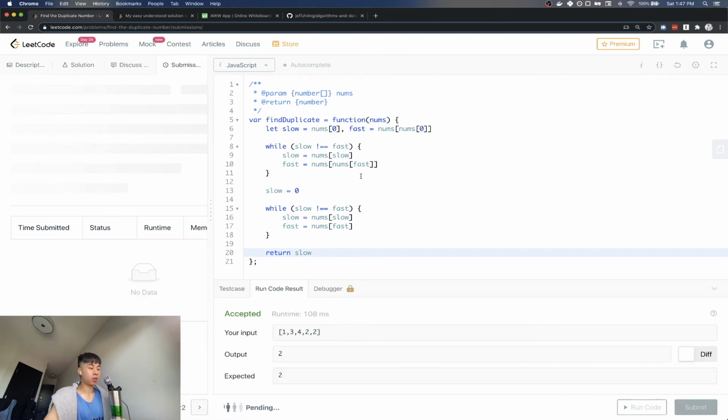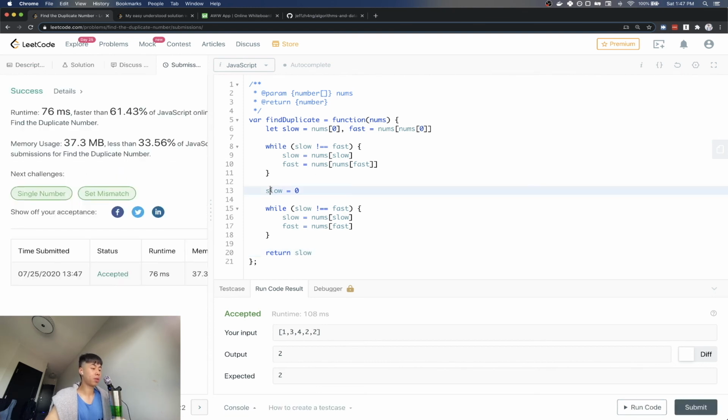And this is O of n time, constant space, right? My question is, why does slow... I guess here we skip the head. We just go right into slow is equal to head dot next and fast equals head dot next dot next. That makes sense.